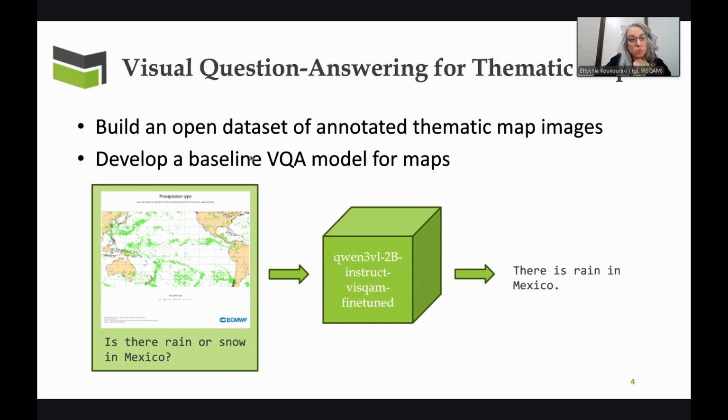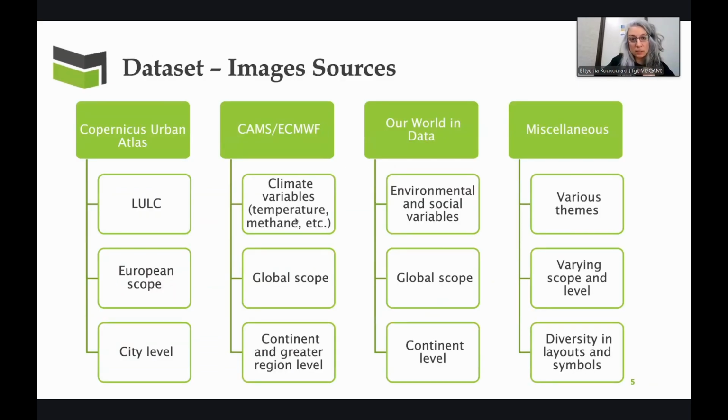So for this we built an open dataset of annotated thematic maps, and we fine-tuned a small Qwen3-VL model to offer a baseline for the visual question answering task. Our data sources are mainly four different.